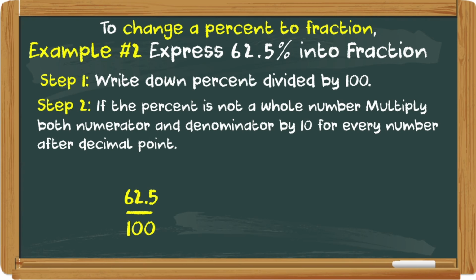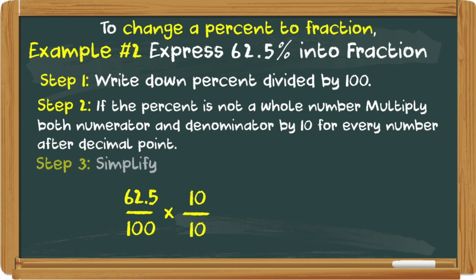And 62.5 is not a whole number. There is one number after the decimal point, therefore, we will multiply 62.5 over 100 by 10 over 10. If there are two numbers after the decimal point, multiply by 100. If there are three numbers after the decimal point, multiply by 1,000, and so on and so forth.